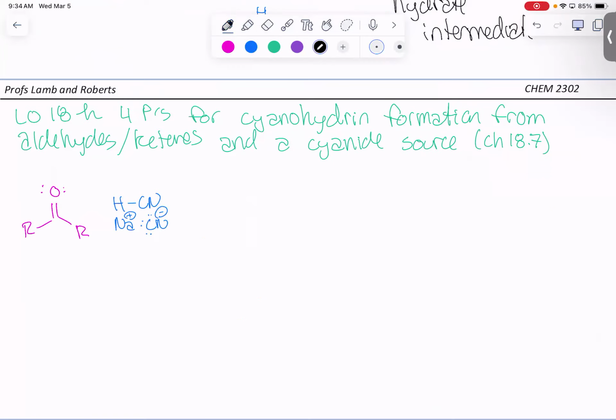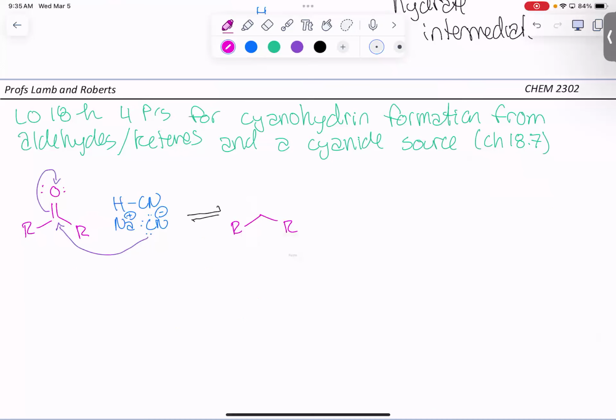This is also an equilibrium situation. Hydrogen cyanide is not super acidic, so we can have the cyanide exist in the reaction. Let's have the lone pair of electrons on our carbon attack our carbonyl carbon. It's going to break our CO double bond and place those electrons back on the oxygen.